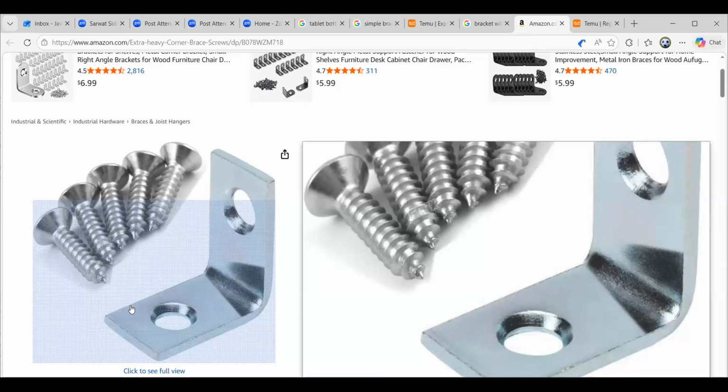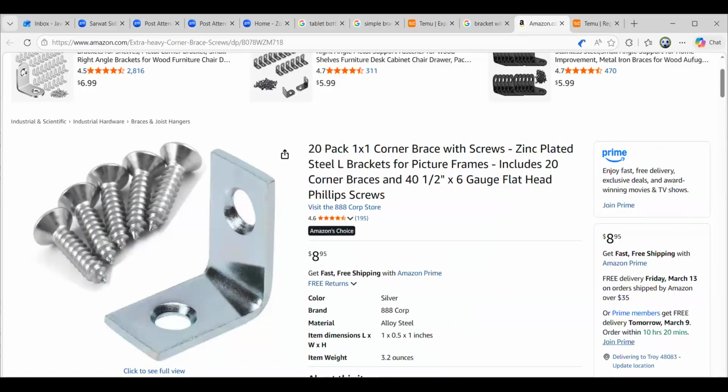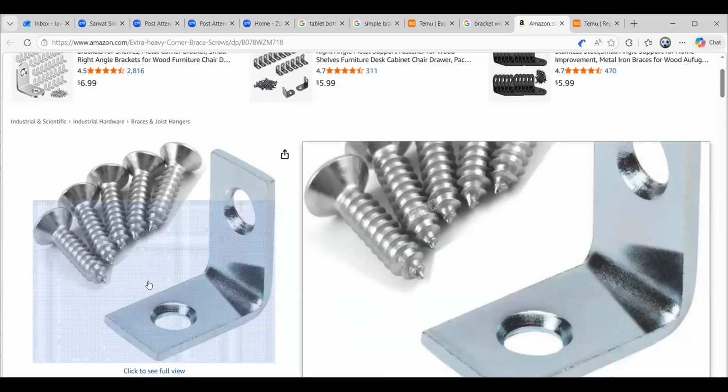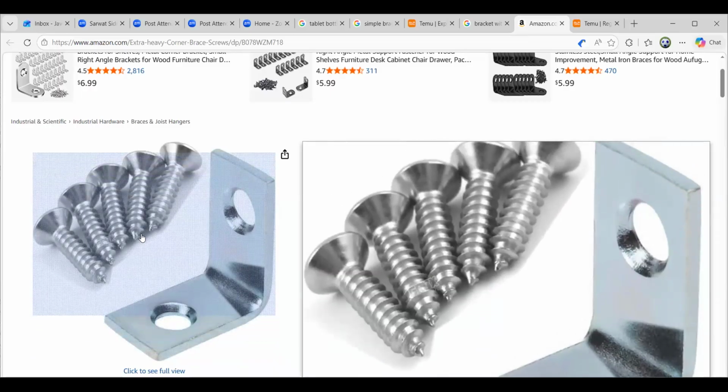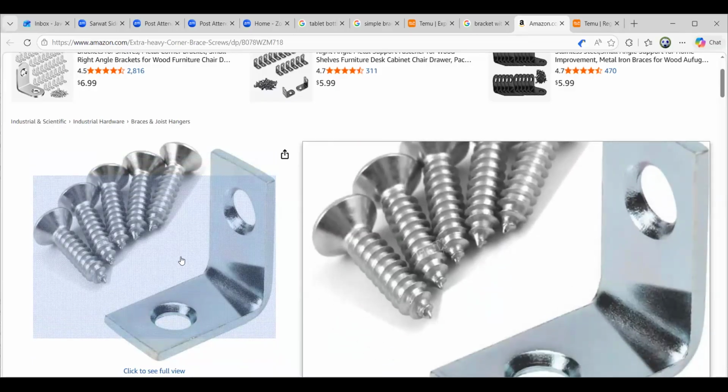Okay, so it's not about Sarwat bhai, but the other participants like Gohar or Mohammad Ahmed, or I believe Maria. If someone asks you how you are going to estimate or cost this bracket with these screws, what is in your mind?